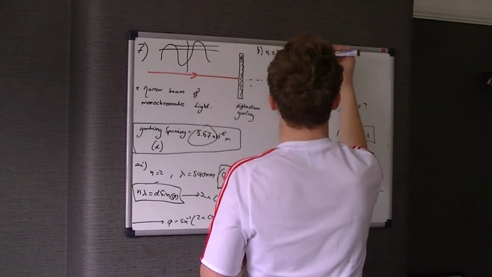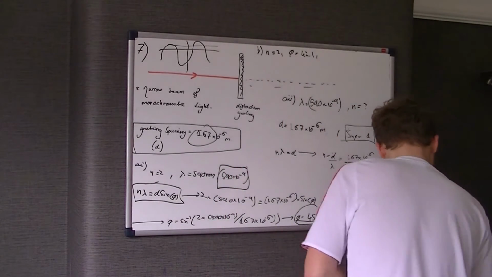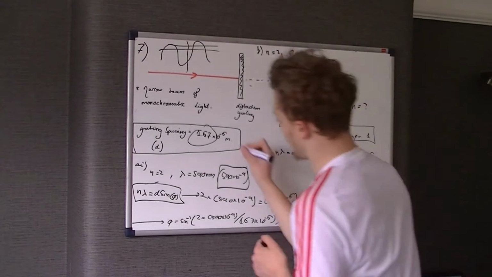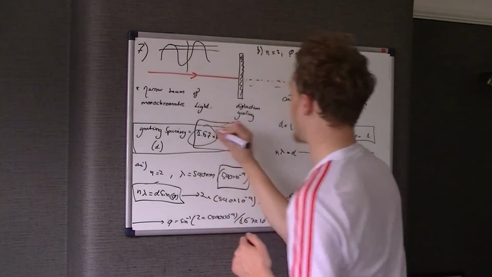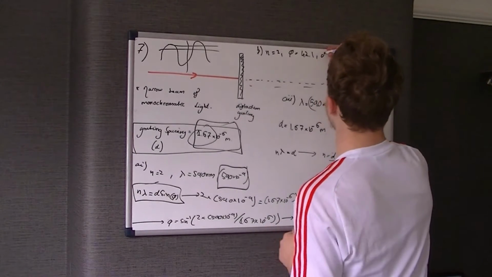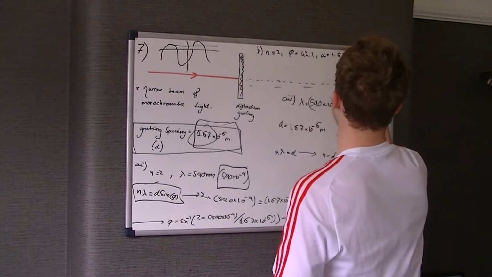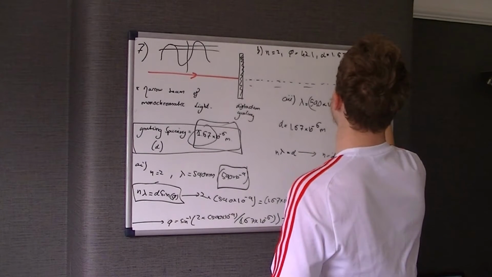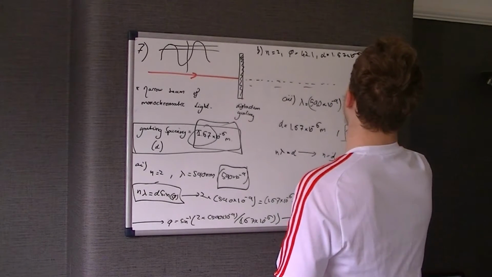It's going to be the same diffraction grating, so little d is still going to equal 1.67 times 10 to the minus 6 meters, and we want to work out lambda.